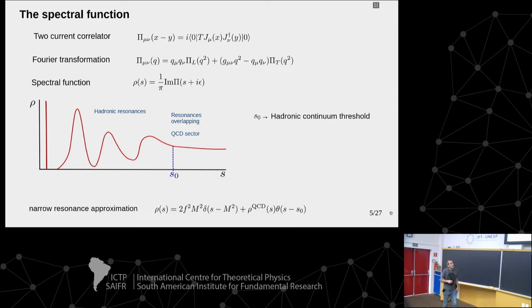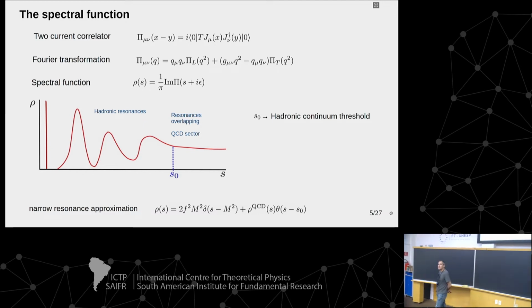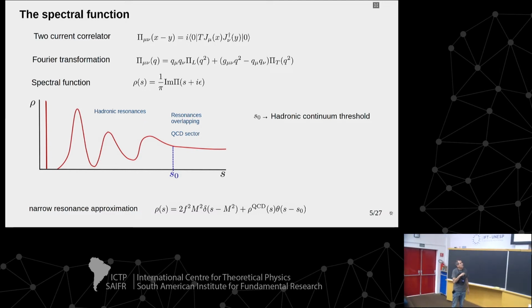So usually the most popular sum rule is the Borel transformation of both sides, the hadronic sector and the QCD sector. And it commonly uses the narrow resonance approximation that just picks the lowest resonance, and the rest is just the overlap of resonances that is described by pure QCD.